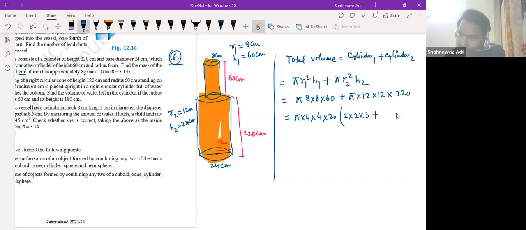And this is 3. And you guys can see that we can also take this 3 common. So 20 we have taken common, so this is 11. So this is 2 into 2 plus 3 into 11. So this would be simplified. And they have told us to take pi as 3.1.